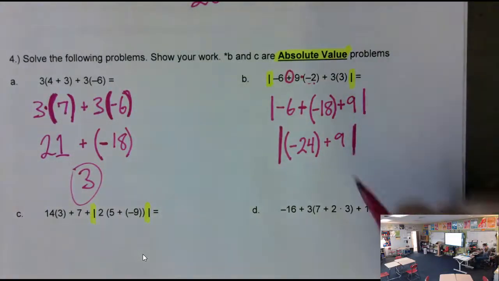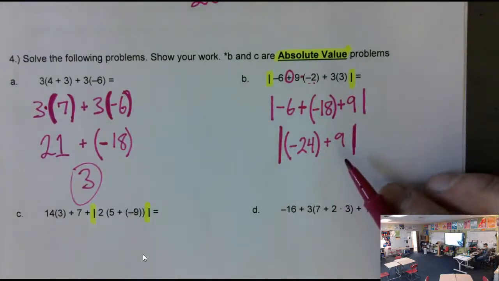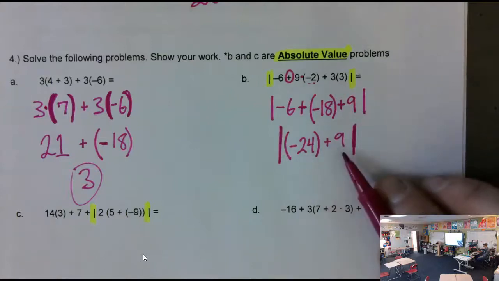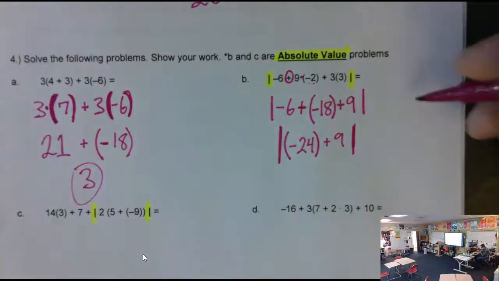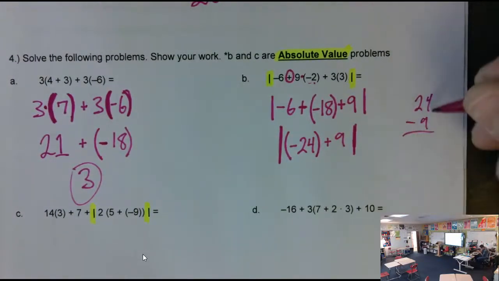Ooh, negative 24 and a positive 9. Do they get along or do they fight? They fight, right? Like negative versus positive, they fight. Who wins? Negative by how much? I kind of think in my head. Oh, 15, right?